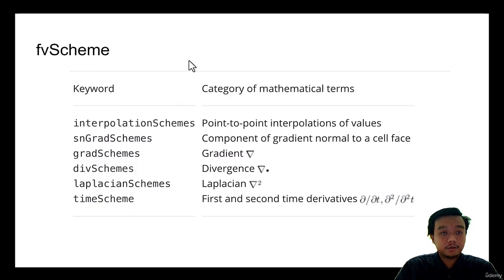In fvSchemes, basically you must define the scheme that will be used for certain terms of the Navier-Stokes equation, which are the interpolation scheme, the gradient scheme, the divergence scheme, the Laplacian scheme, and the time scheme for the delta t, or the time derivative term. And yeah, that's all.